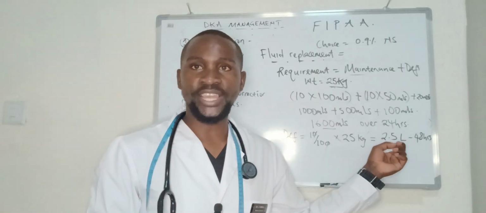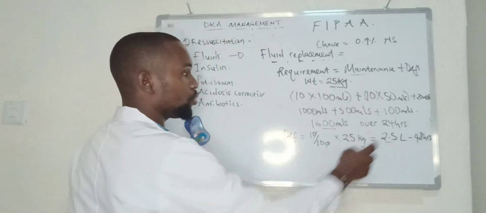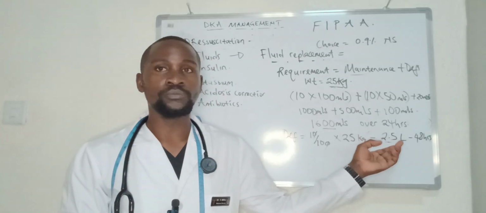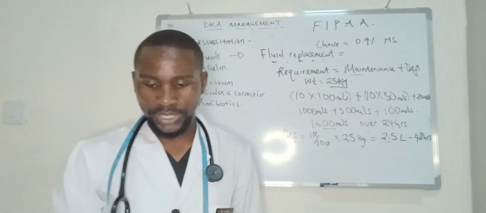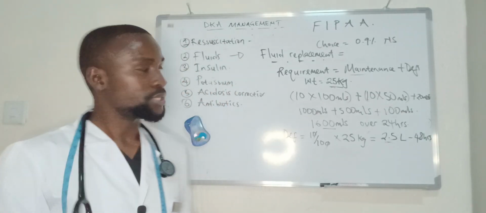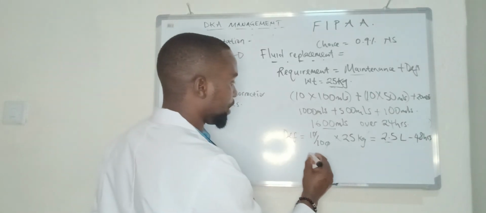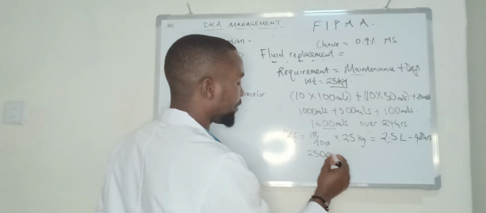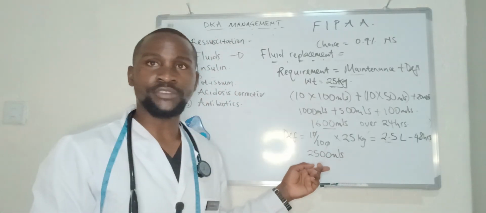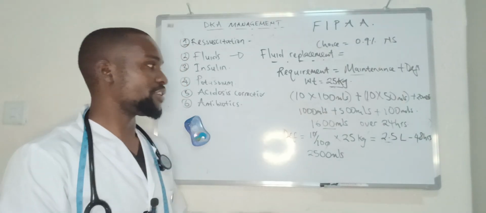You divide it by 2. First convert the 2.5 liters into mils, which is 2,500 mils.